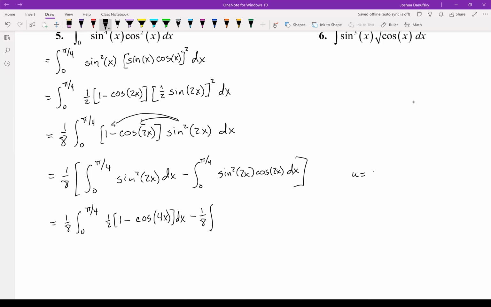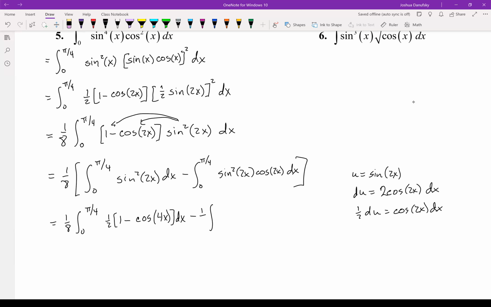U is going to equal sine 2x. Du is equal to 2 cosine 2x dx. So we're going to get half a du is equal to cosine 2x dx. So I'm going to replace my cosine 2x dx with half du.